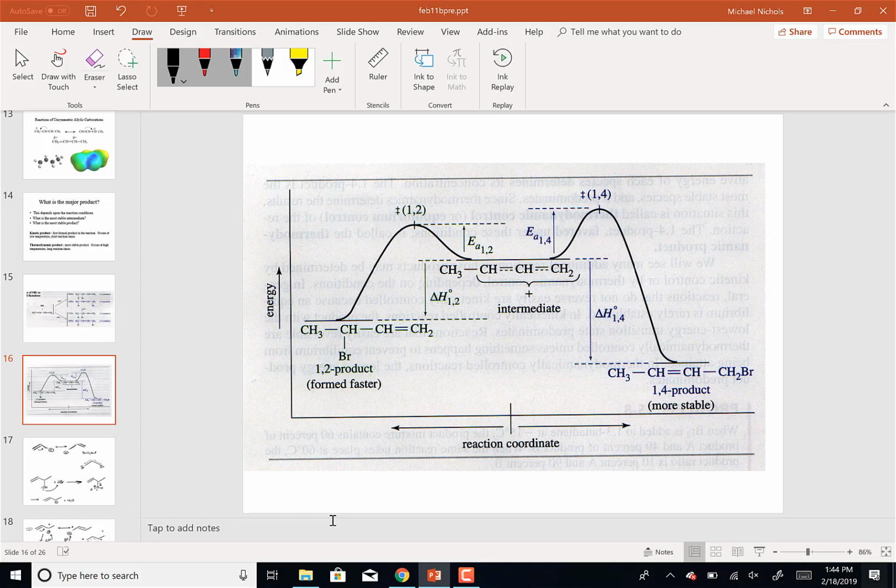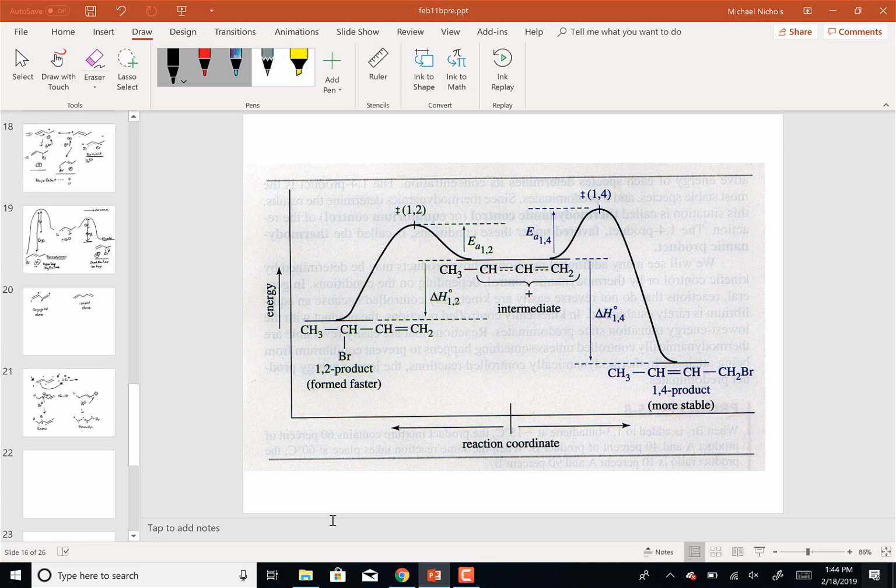But to form the less stable product, you go through a lower activation energy, and to form the more stable product, you go through the higher activation energy. So in this case, we can make either product by changing the reaction conditions. All right, is everybody okay with that?